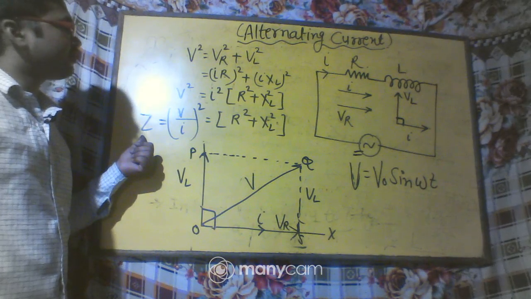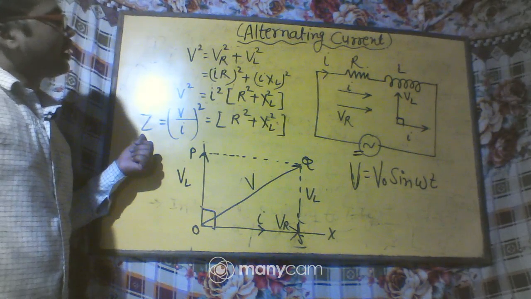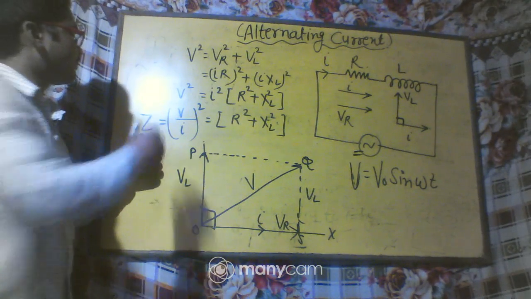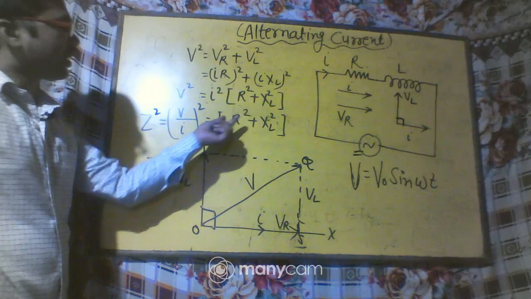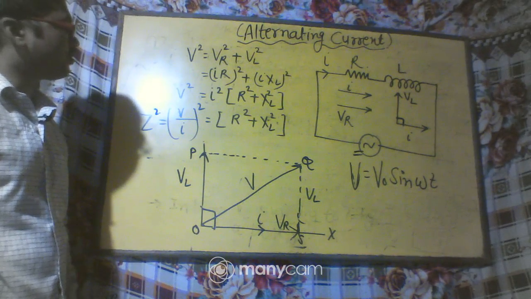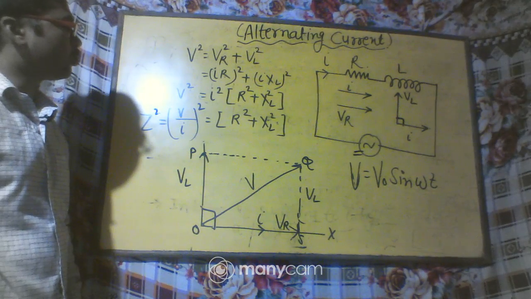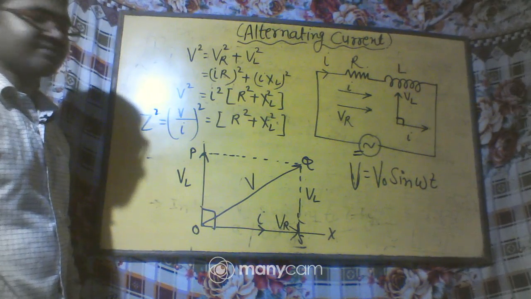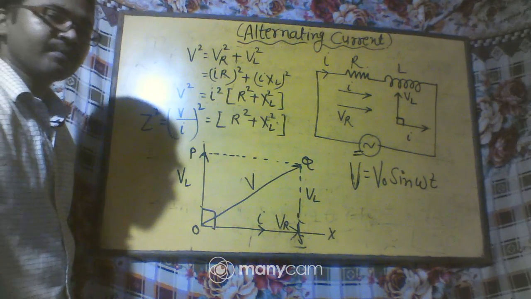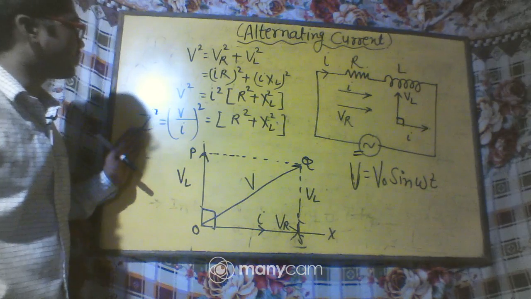So you can say that the effective resistance of the LR AC circuit is Z, where Z square is equal to R square plus XL square. Or you can find out the value of Z, that is under root R square plus XL square. So you can write the same equation in a different form like this.